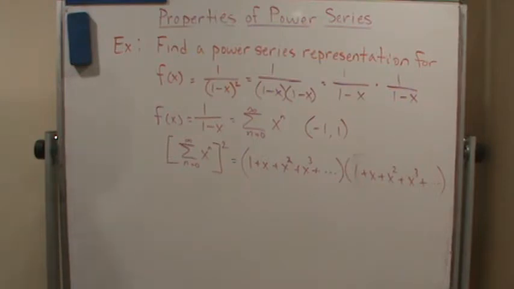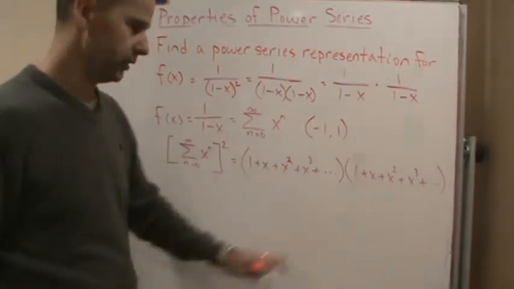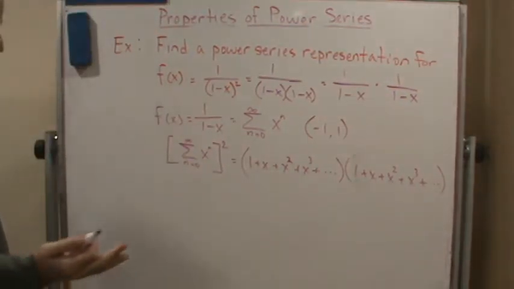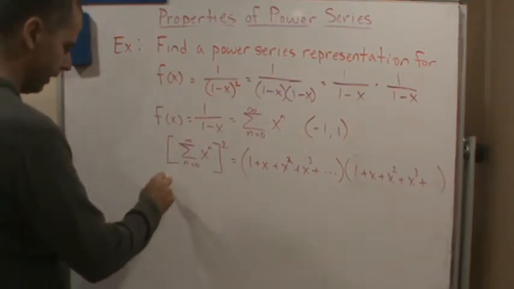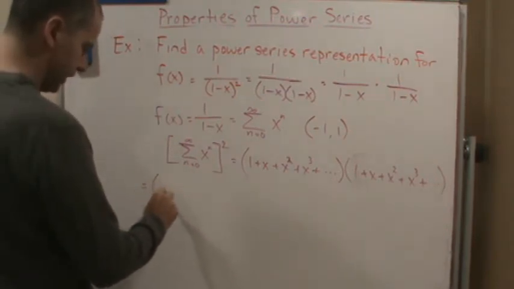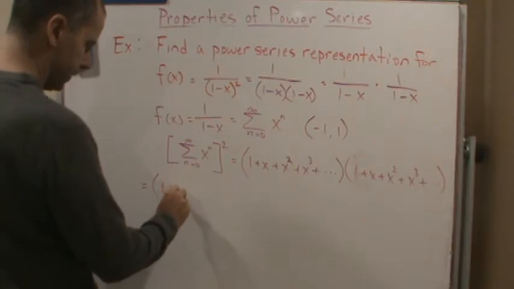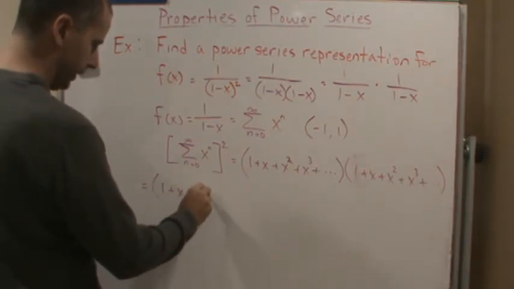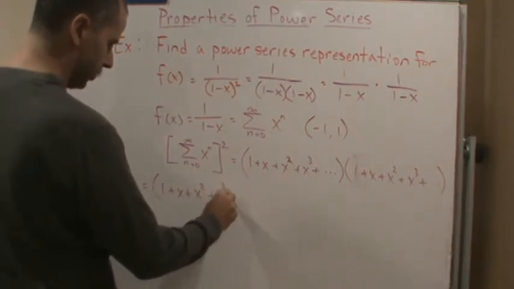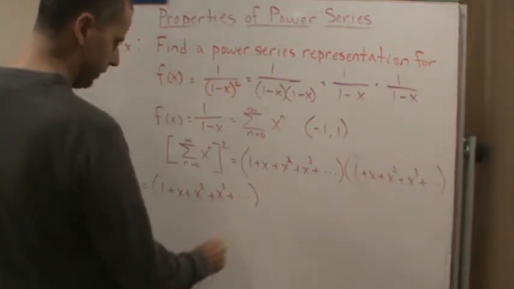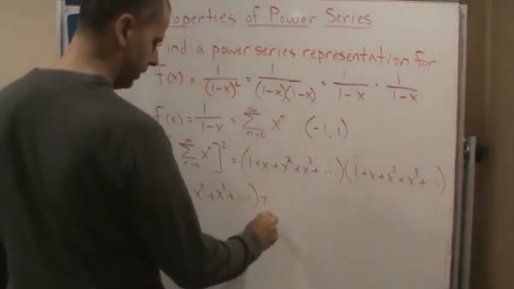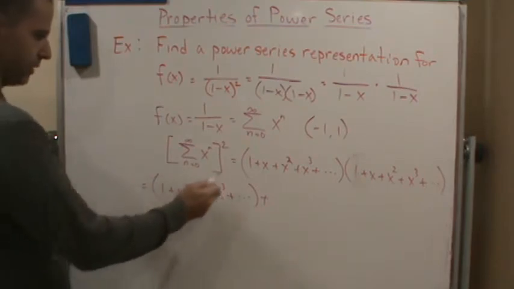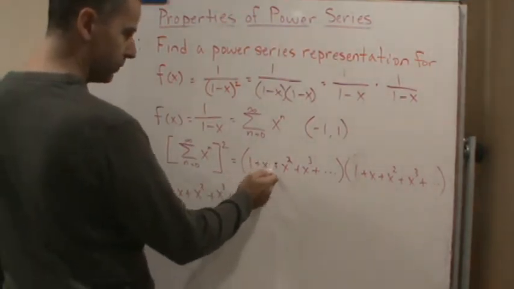Okay, so when we multiply these, like multiplying polynomials, we use the distributive property. So what are we going to get? It's going to be 1 plus x plus x squared plus x cubed plus that. And then we're going to get the same thing, but multiplied by x, because now we're going to multiply everything by x.